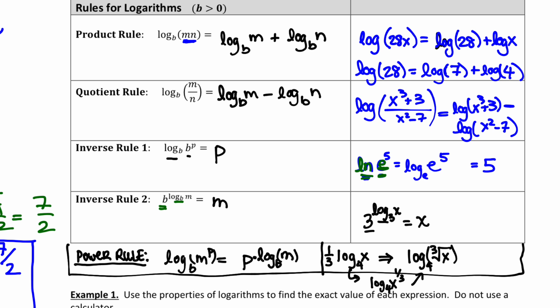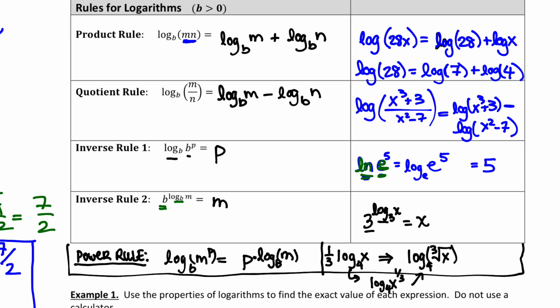Example 1 says you have 2 logarithms. Use the logarithms to find the exact value of each expression without using a calculator. So for those, you want to use your properties to rewrite them so you get an exact value without a calculator. And then the bottom one, what you want to do is rewrite those logarithms so they're separated into parts. So the second piece is you want to use your rules to break up things and rewrite them and expand them into simpler parts.